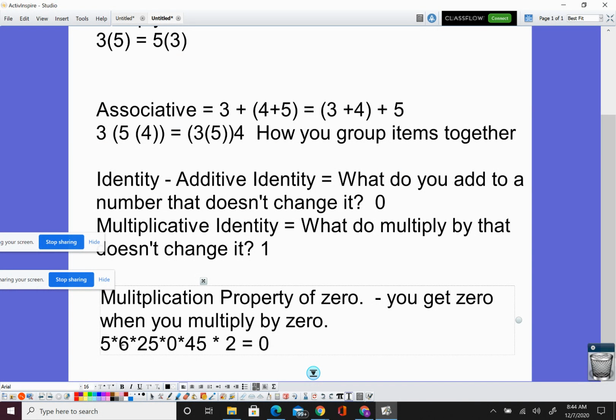They may have a grouping within the problem, but then they might just switch the order up, but keep the grouping the same. Or they might have a grouping and then change up that grouping. So you have to kind of pay attention when they have parentheses there. Are they really changing the grouping, or are they just changing the order? It'll be the difference between commutative and associative.